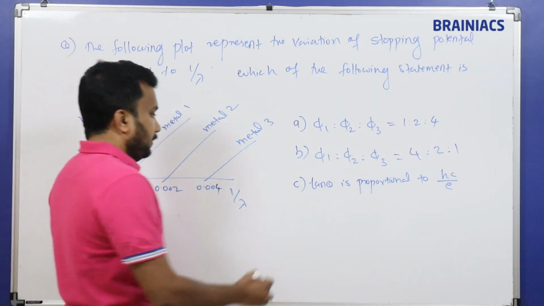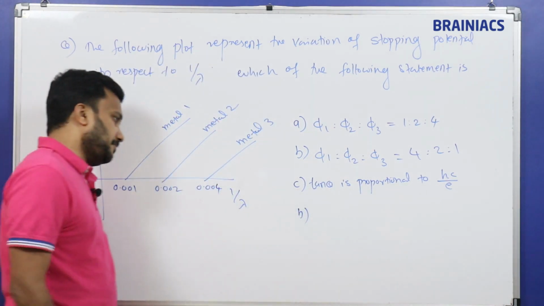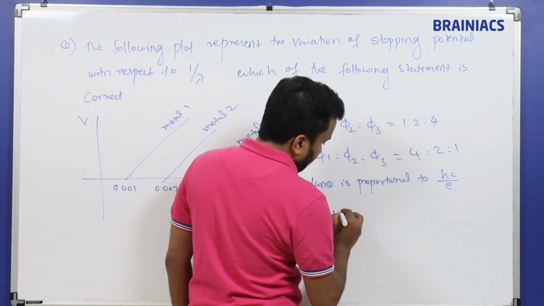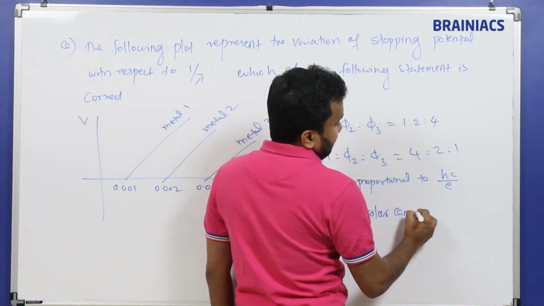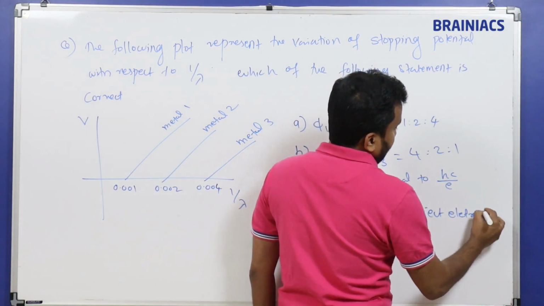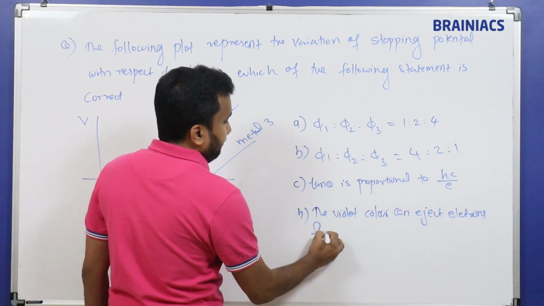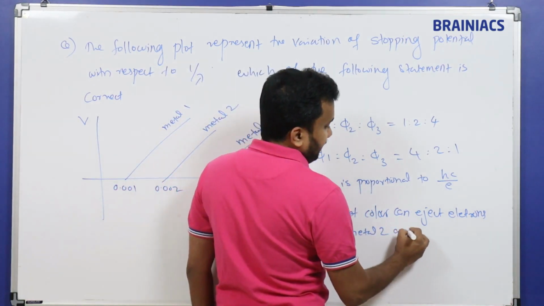Next one: the violet color can eject electrons from metal 2 and metal 3.